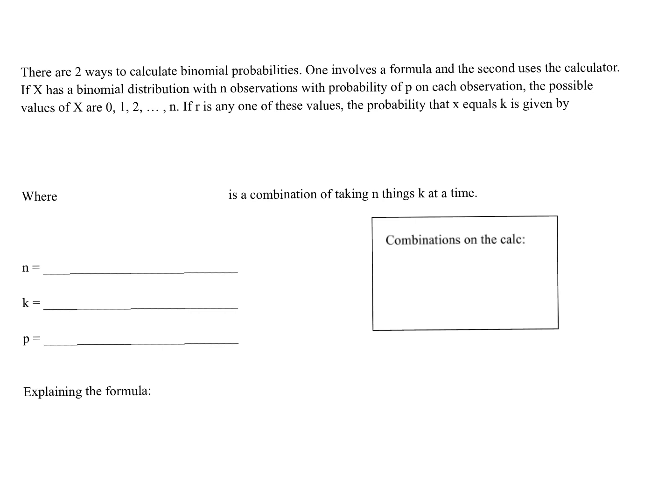So if X is a binomial distribution with n observations with your probability of p on each observation, and your possible values of X start at 0 and go all the way up to n, and k is one of those values, the probability that X equals k is given by the formula. So probability X equals k, and we'll get to what the variables mean here in a second, is going to equal n choose k.